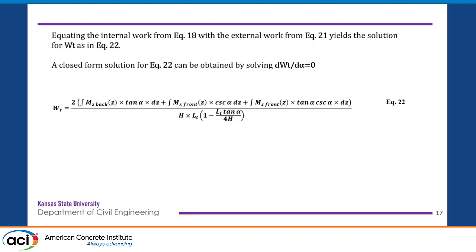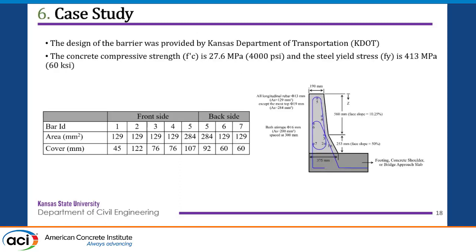If we equate both sides of the internal and the external work, then we can obtain a final closed form solution for the lateral distributed load that represents the lateral capacity of the barrier. Differentiating this equation, equation 22, with respect to the angle of orientation of the yield line will give us the minimum load WT. We can also plot the function with respect to a range of angles, and then we pick the minimum value of that plot, as we can see in the next slides.